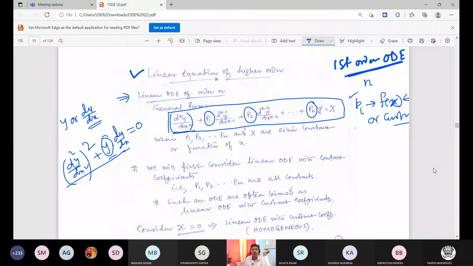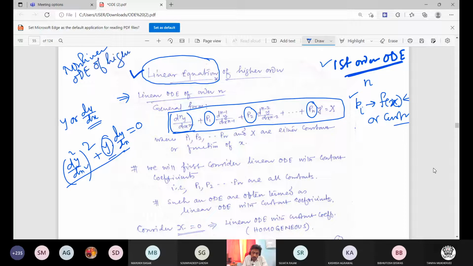In your course, for higher order differential equations, we have only linear differential equations. I must tell you that differential equations are a big topic, and this is an introductory course. In this semester you have nonlinear first order and linear first order differential equations, and linear differential equations of higher order.